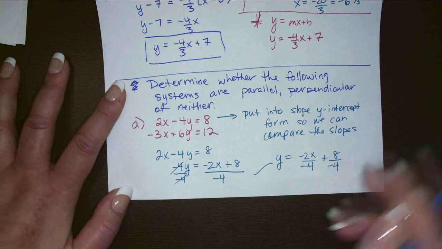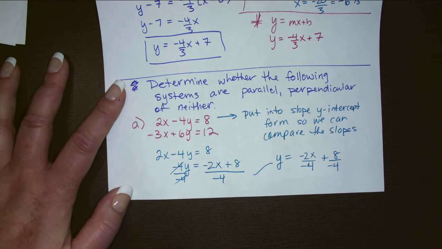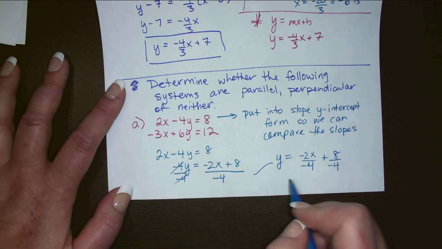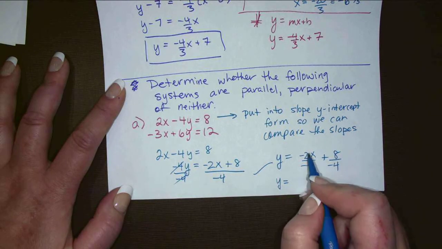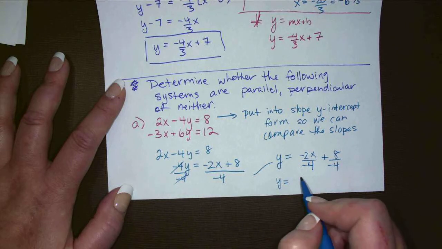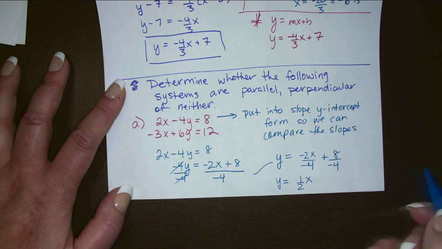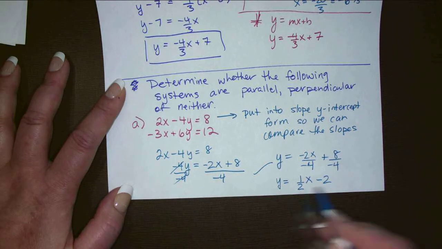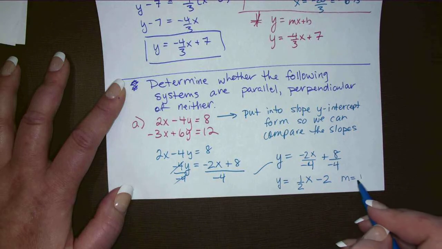Just like when we cross multiply, we multiply everything on the other side by that number, we have to divide everything on the other side by that number. So how would we simplify this? Minus 2 over minus 4. Careful. 1/2. 8 over 4. 2. Negative, because there's a negative. So the slope of the first line is 1/2.